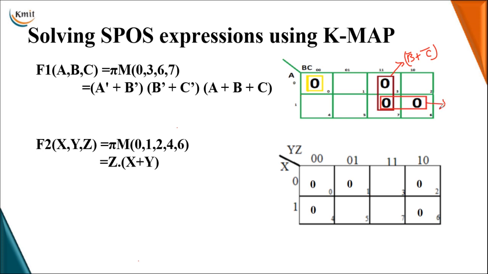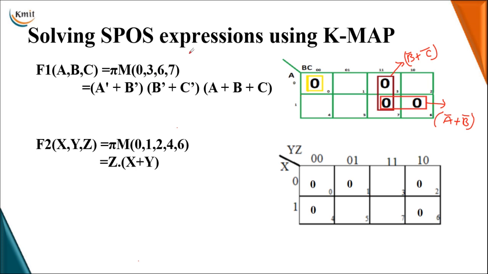The second pair has a common variable, which is A is 1. So A bar or, column wise B is 1, hence it is B bar. But the last max term, which is the 0 max term, doesn't have cell adjacency. If you have 4 or 2, you can pair it, or if you have max term 1, you can pair it.